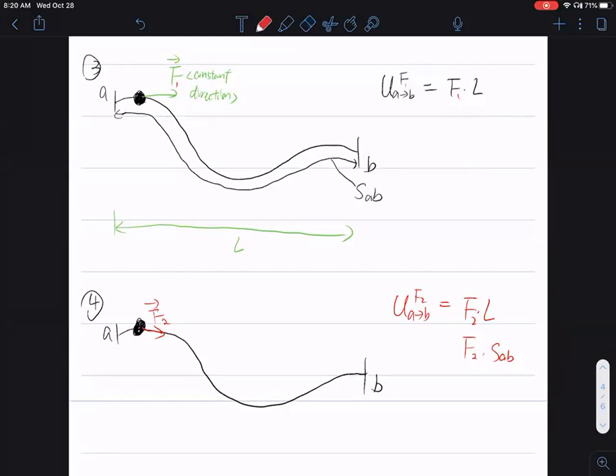So in this case, it's independent of path. In this case, it only depends on the starting point and end point.